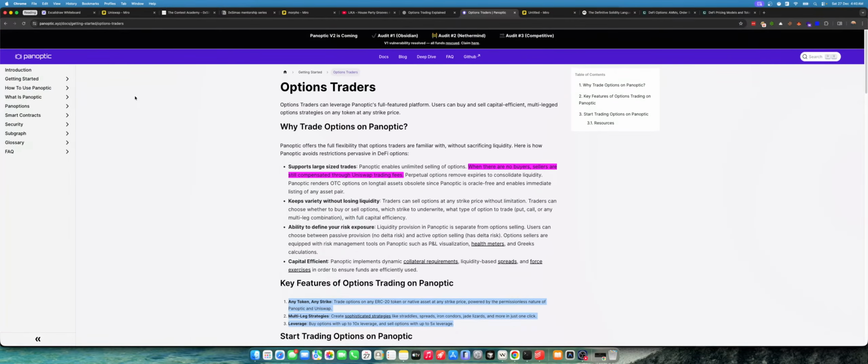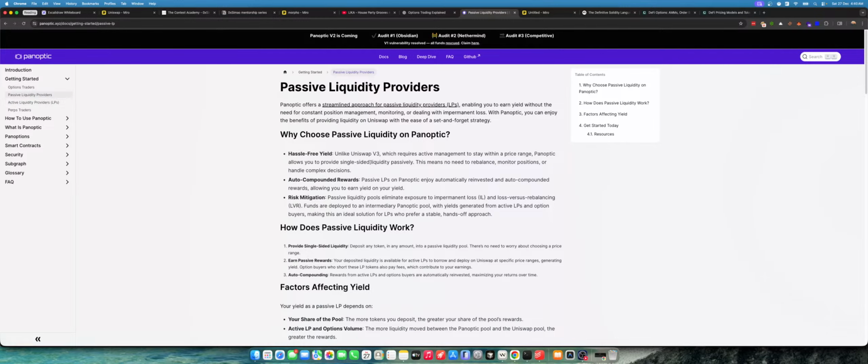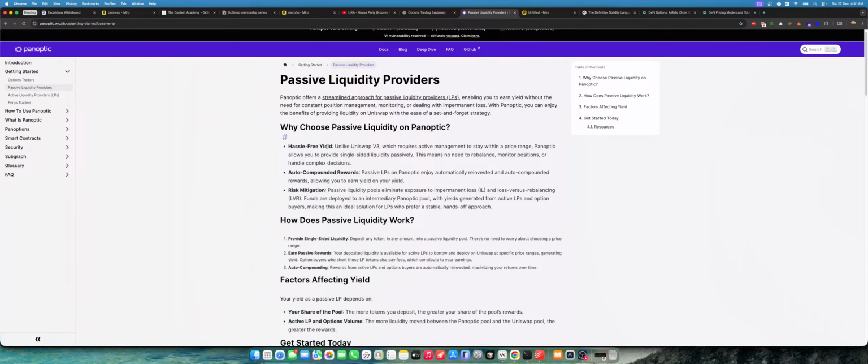And with the file I was getting started. Panoptic has a streamlined approach for LPs, removing the need for constant repositioning.